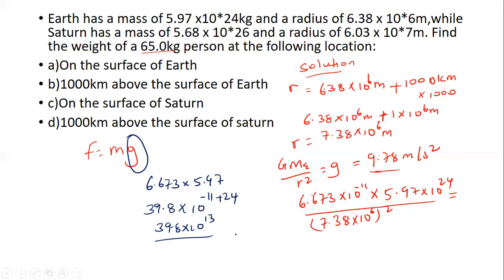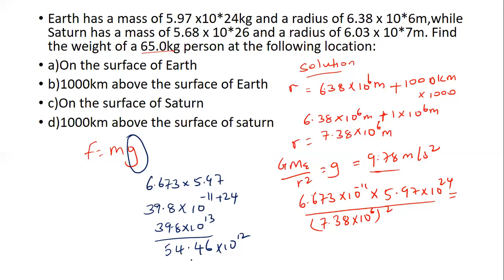7.38 squared is 54.46, times 10 raised to 6 times 2, which is 12. So you're going to do 39.8 divided by 54.46.